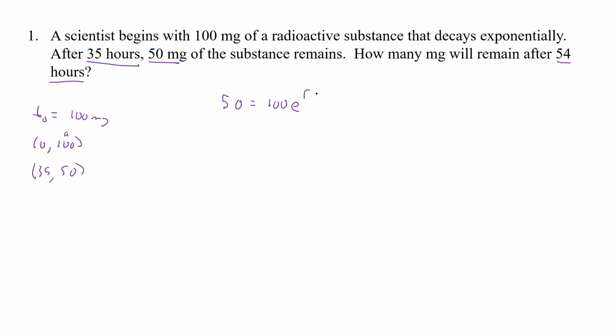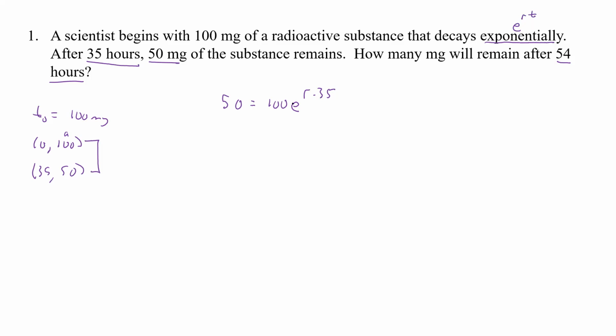We don't know r. That's what we're looking for, times, and we have 35 for x. Okay, so this is where we're going to get from our 2 points, and this is exponentially decayed, so that's the e to the rt in this case, because that's how we did it. Now the other one was exponential too, but this is exponentially, so that's going to be our key thing.